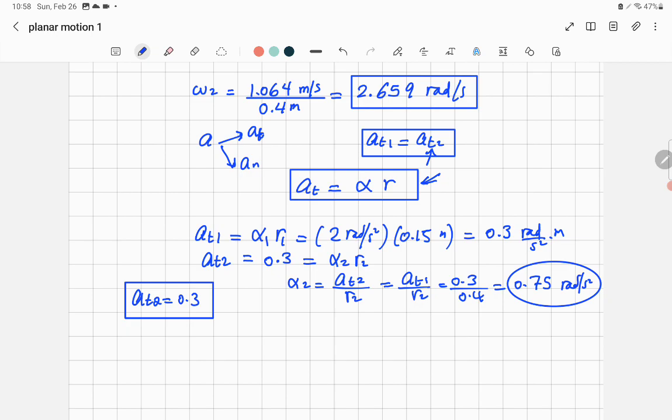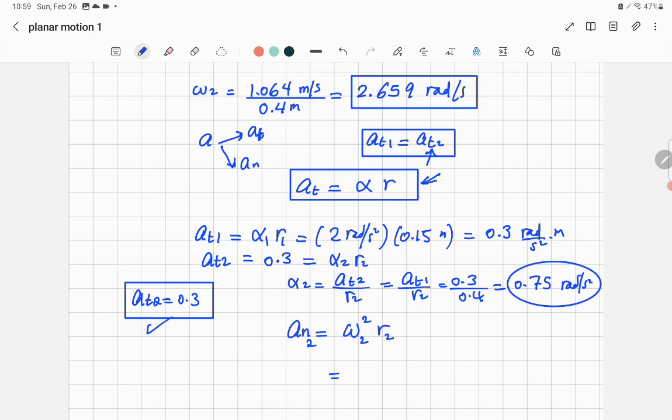If we talk about the point acceleration, I have to find the normal component and the tangential component. The tangential component is given. What about the normal component? How do you find the normal component for any acceleration? Let's just remember that it's equal to omega square times R. If you want to find it for the second, you put just 2 here. Do I have omega?